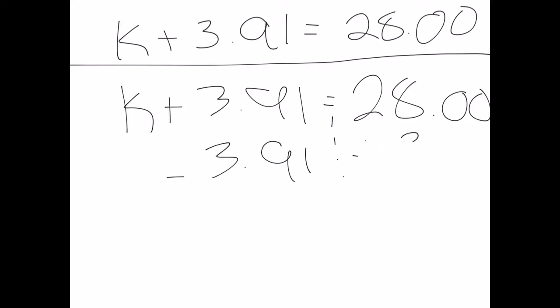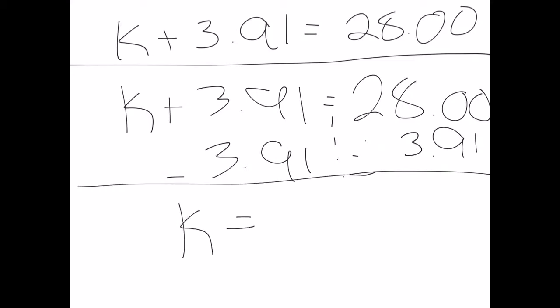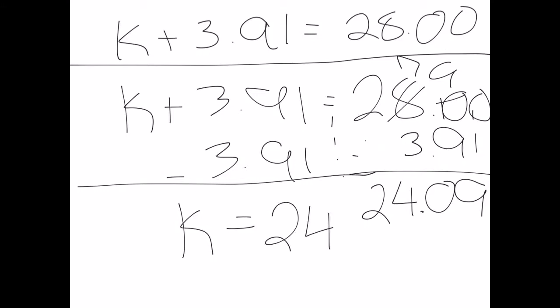And so we'll draw this line, and then it'll be K equals whatever this outcome is. So obviously we can't subtract 1 from 0, so we can't borrow from the other 0. So we'll have to borrow from the 8, get 7, 9, 10. So it'll be 10 minus 1, 9, 9 minus 9, 0. Carry the decimal. 7 minus 3, 4, 2 minus 0, 2. So our answer will be 24.09.